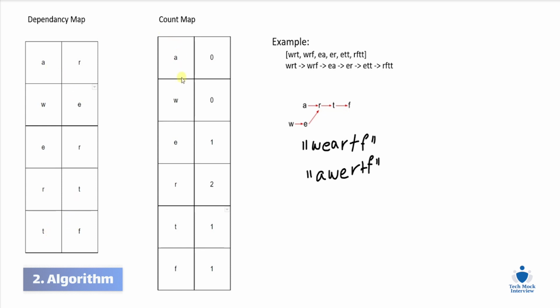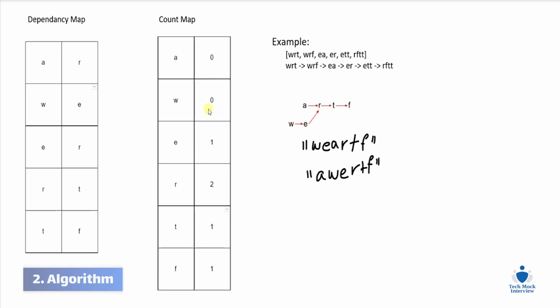Now, what do we do in the count map? In the count map we keep track of all the dependencies that we have in this graph, and we put them in the dependency map. We keep count of those. First things first, we have A. Because there are no dependencies before A, we put 0 here, because nothing comes before A. Same goes with W here.